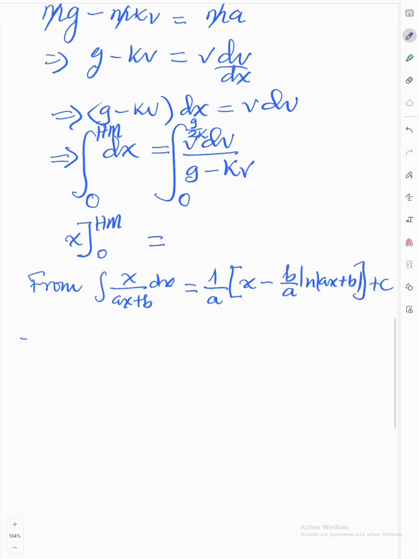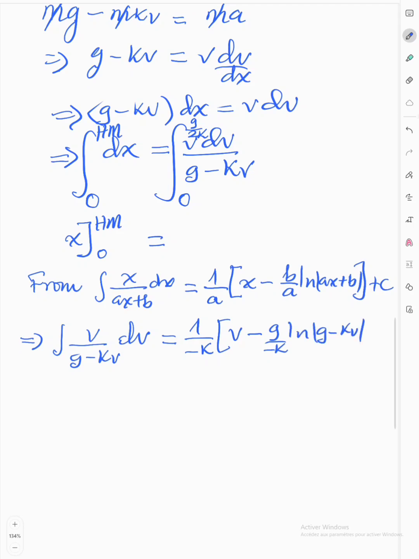We now have that the integral of v all over g minus kv dv would be equal to, I simply replace every b in the formula by g and every a in the formula by negative k. So I have 1 all over negative k into the variable x will be replaced by v, so v minus g all over negative k ln of g minus kv, the denominator.